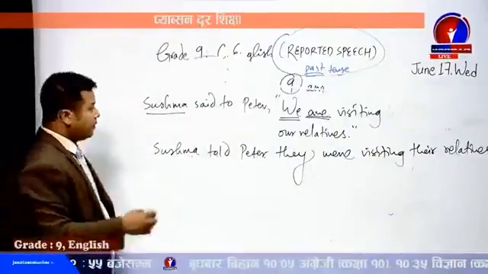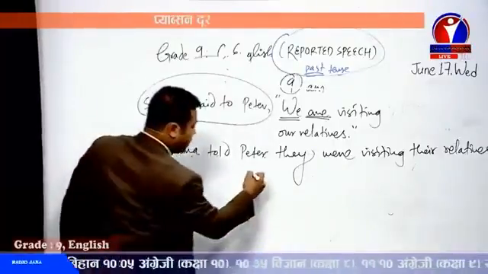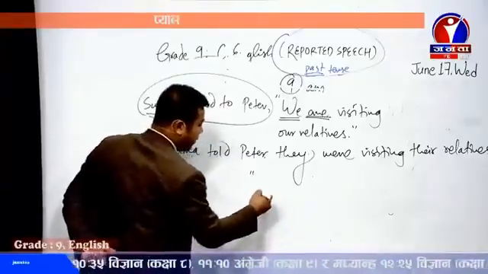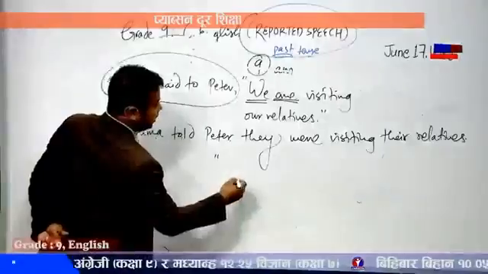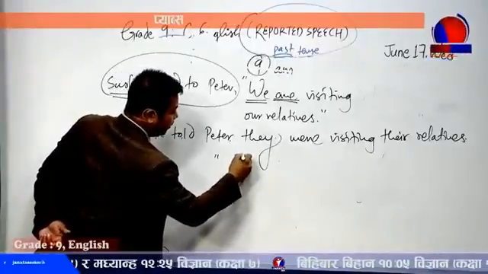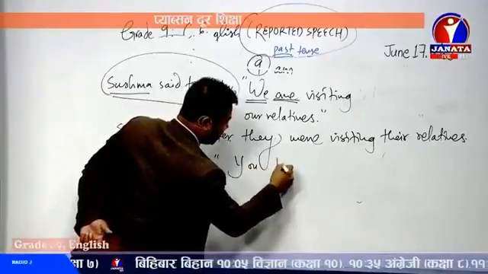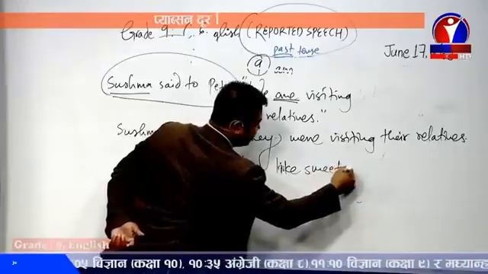Quite easy. With the same speaker and the object, one last sentence for today because time is running out. If I just give you this sentence, a question, let's go for any other tense. You liked sweets.